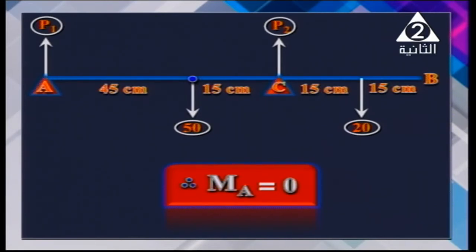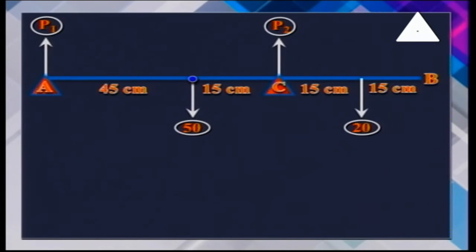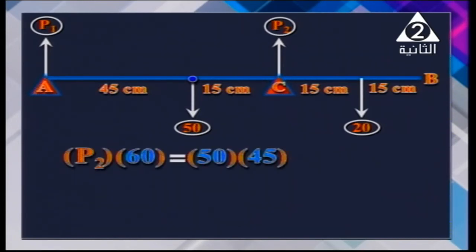Remember, my dear student, if the force is in the clockwise direction it is negative, anti-clockwise is positive. Therefore, P2 times length 45 plus 15, 60, equals 50 times 45 plus 20 times 75.